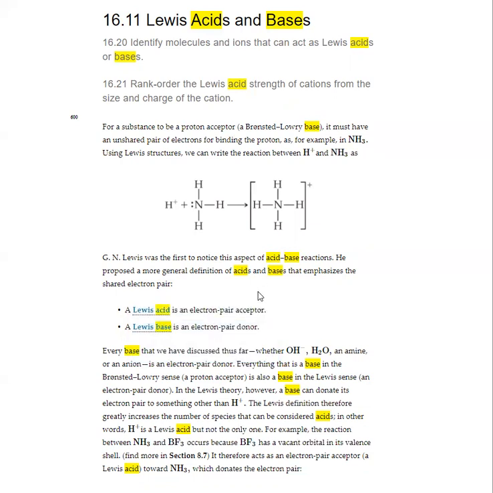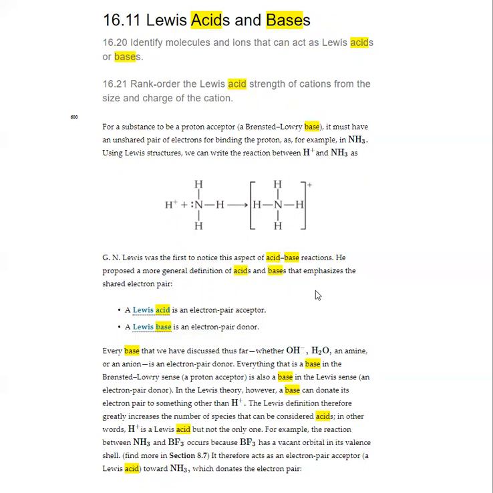That's the opposite of what the Bronsted-Lowry theory said, because Bronsted-Lowry said that an acid was a proton donor. So an acid is a proton donor, but an electron acceptor. A base is a proton acceptor, but an electron pair donor.